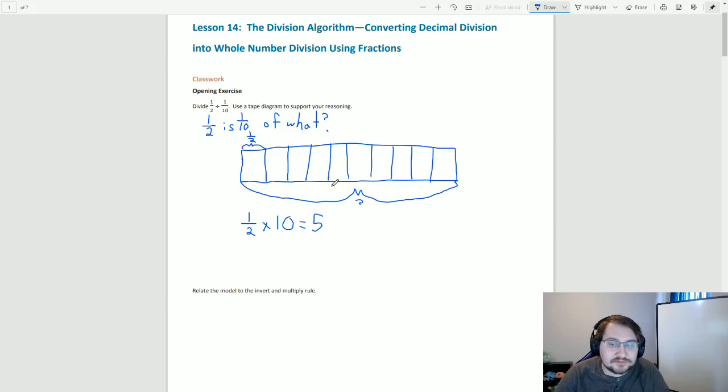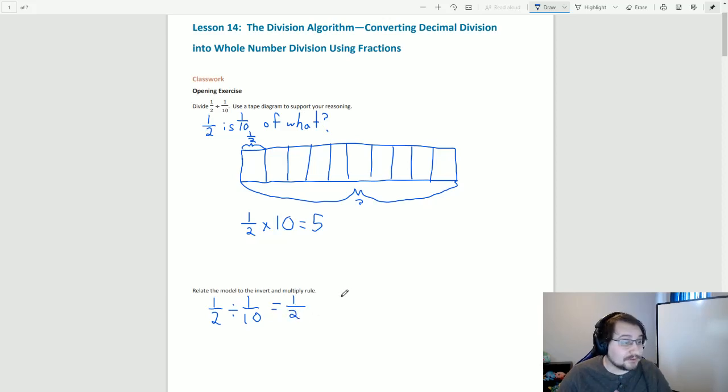And it tells me to relate this model to our invert and multiply rule, which we've gone over a couple of times. If I have a division problem like this of 1/2 divided by 1/10, with my invert and multiply rule, I keep my first fraction the same.